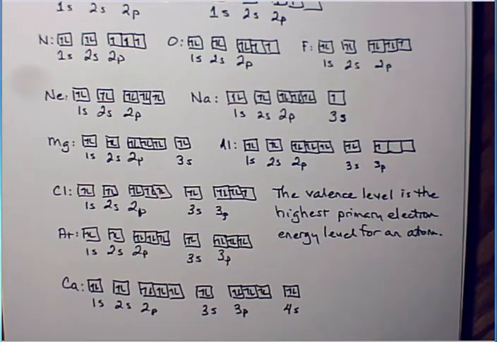Now the maximum number of electrons you can have in the highest primary energy level of an atom is 8.